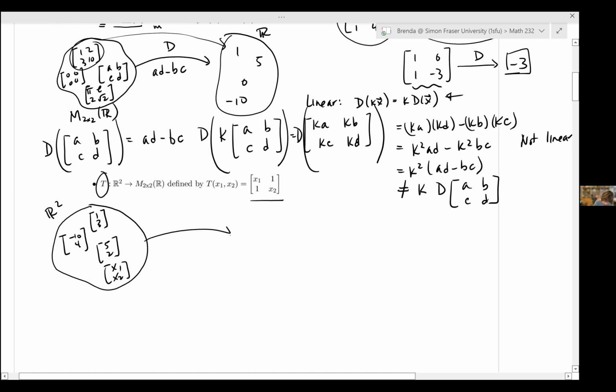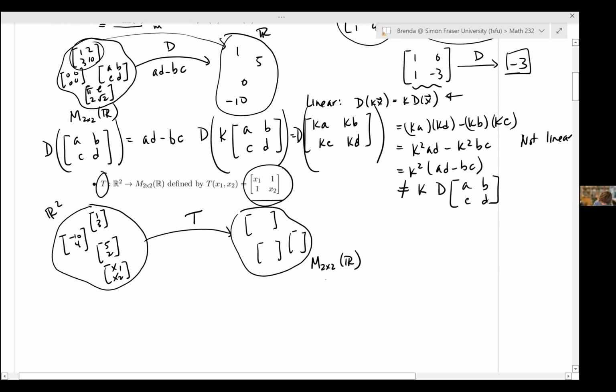Okay, and then we have a transformation, and the transformation goes over here to the codomain, which is all 2x2 matrices with real numbers. And so here we have all matrices like that. We're not necessarily going to be able to get all of these matrices. In fact, you can see that we can't, just from the way this thing is working.